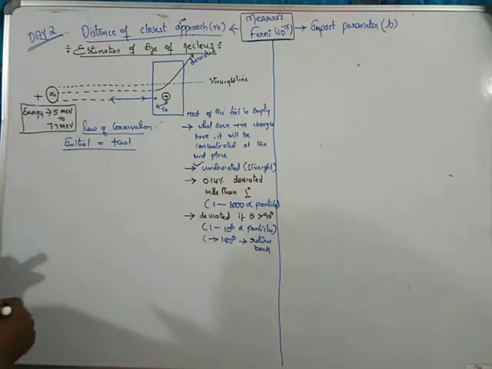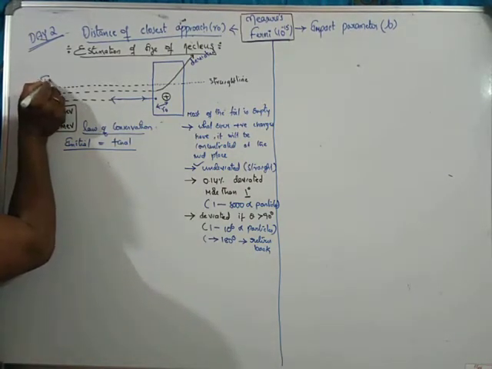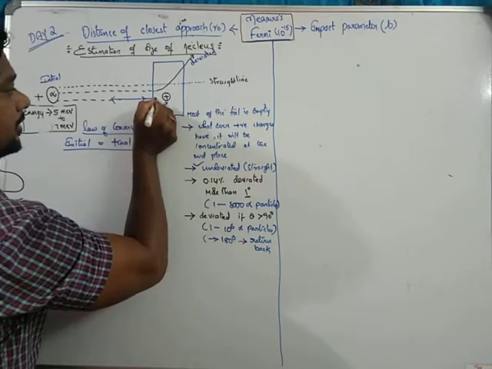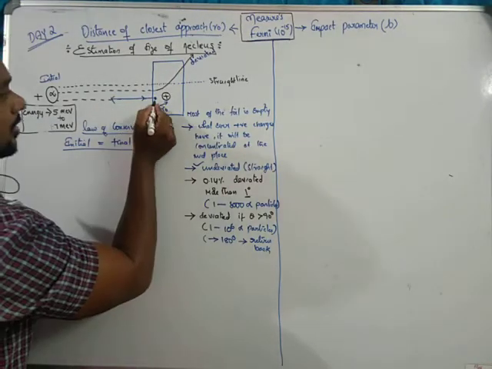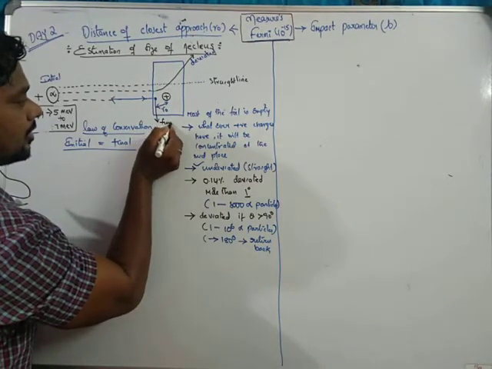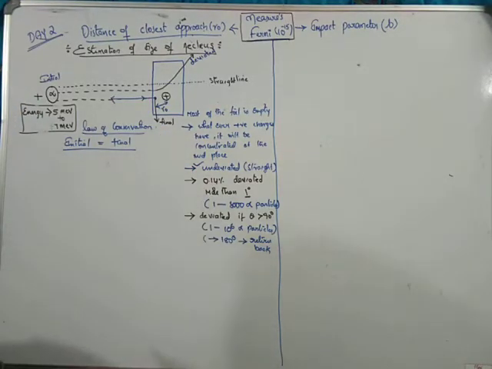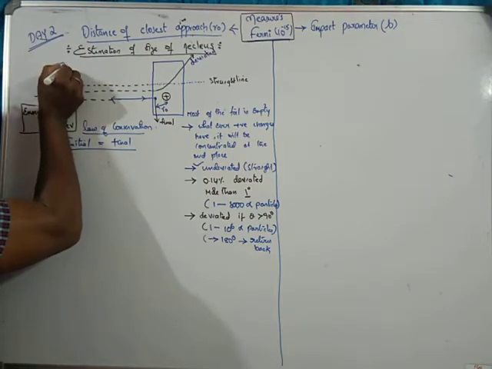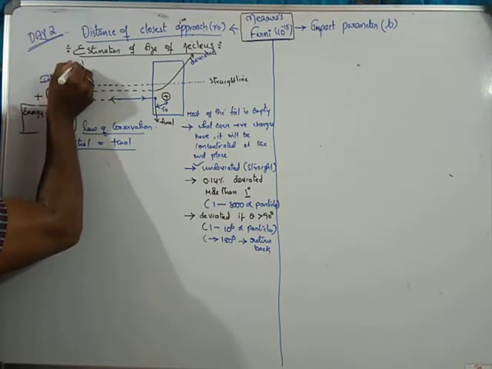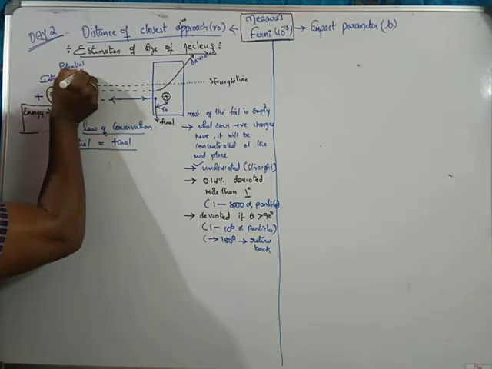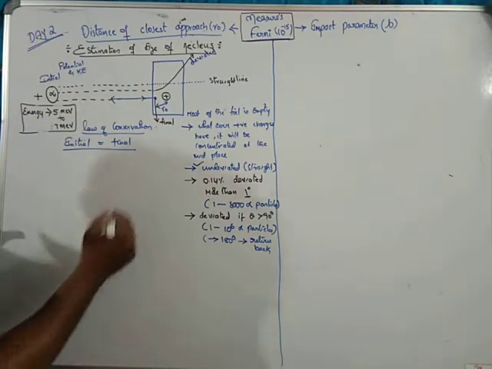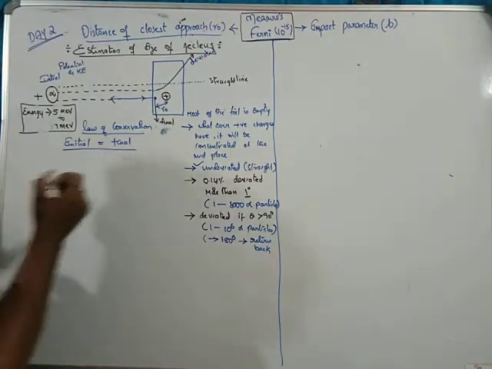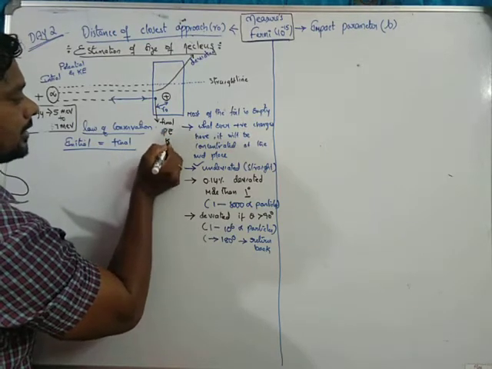Suppose you consider the alpha particle at the initial position, and this point we consider as the final position. At the initial position we have potential energy and kinetic energy. Here also we can define potential energy and kinetic energy.